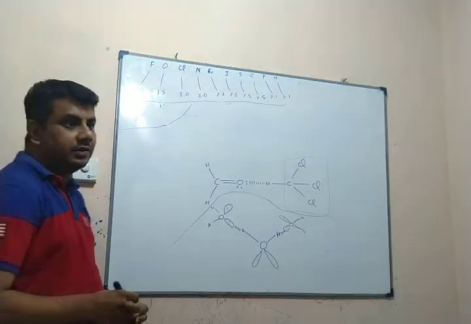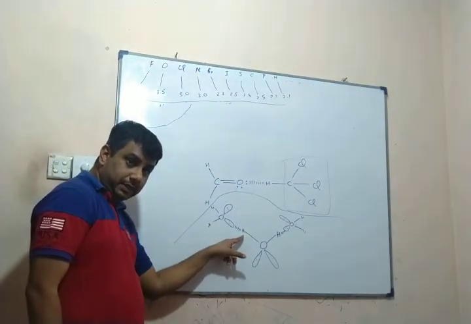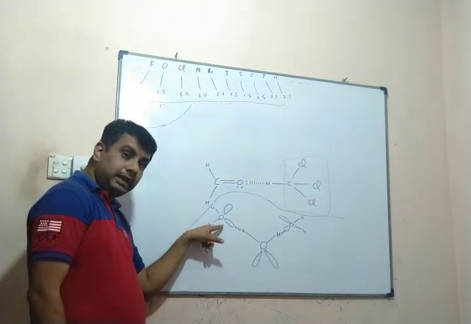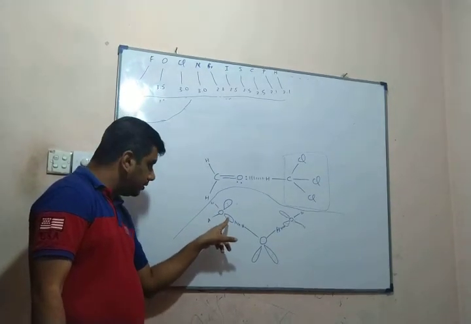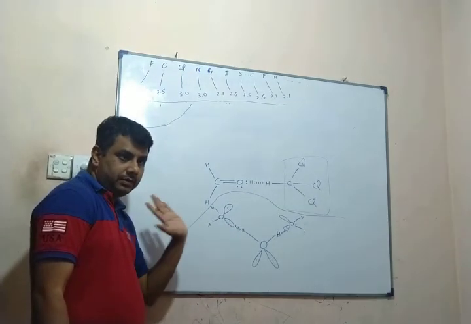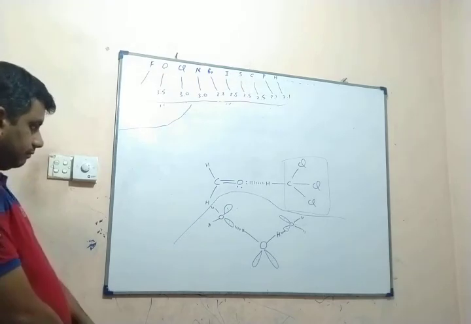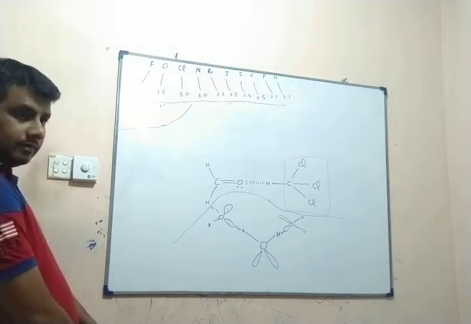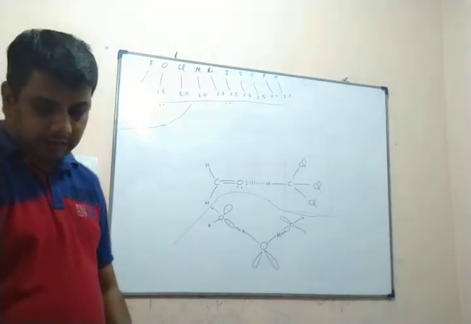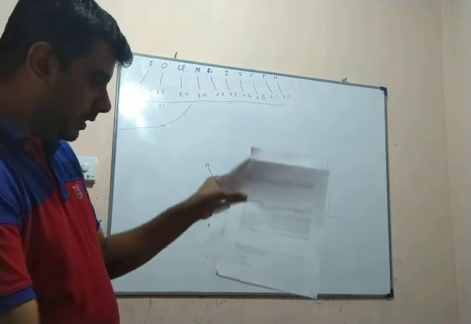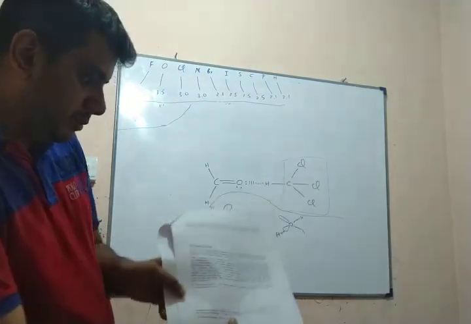The hydrogen bond will be between this delta plus hydrogen and delta minus, particularly the lone pair of delta minus. And draw these two in this gap. Hydrogen bonding.